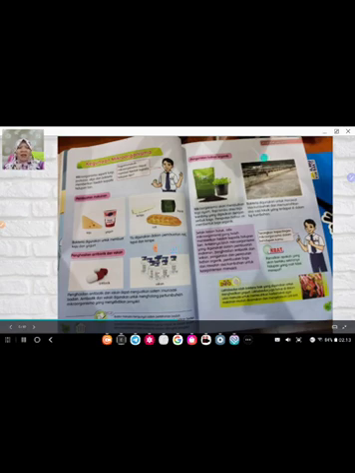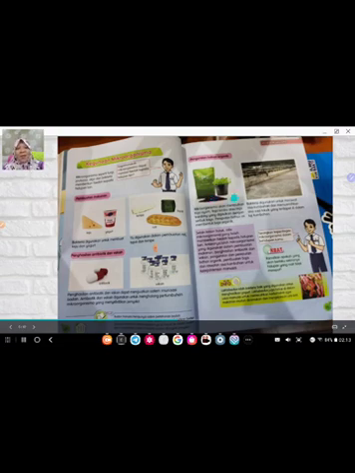Seterusnya, saya tahu mesti mak, nenek, aunty-aunty, kakak-kakak sekarang tengah happening, tengah viral. They love to do gardening. So they are using a fertilizer to make the plants become more fertile, growing better. So what is the main thing that making the plant to grow well? Because of the fertilizer.